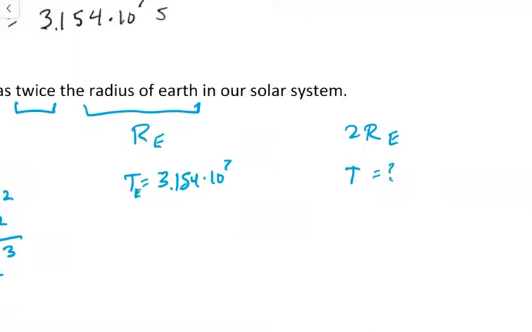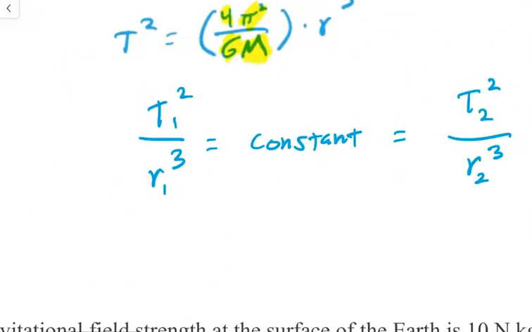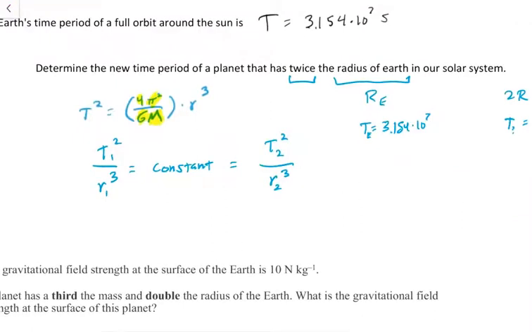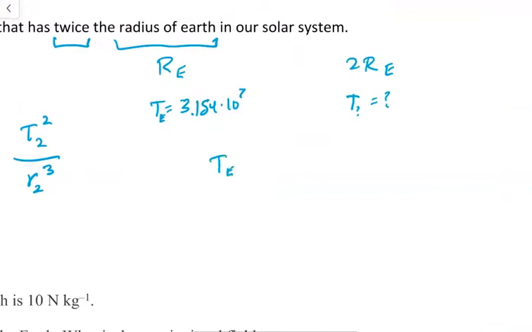So using our proportionality, I can start with the ratio of my time period squared divided by my radius cubed is equal to the new planet's time period squared divided by its radius cubed. So I'll have T, the time period of Earth, squared divided by the radius of Earth cubed, equal to the time period of the unknown planet squared divided by its radius cubed.